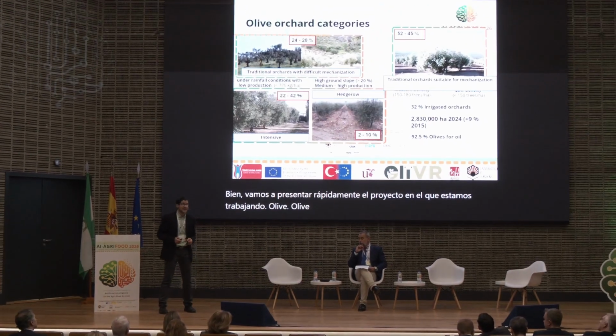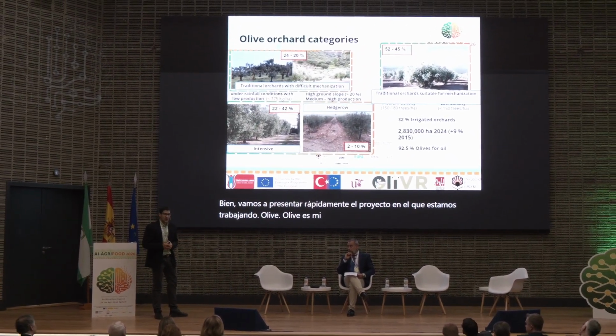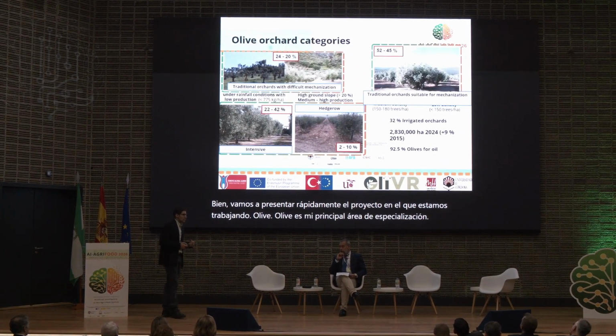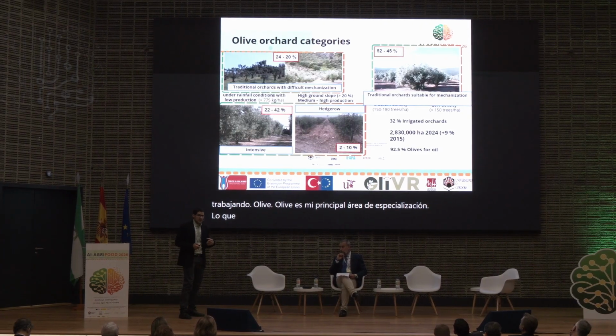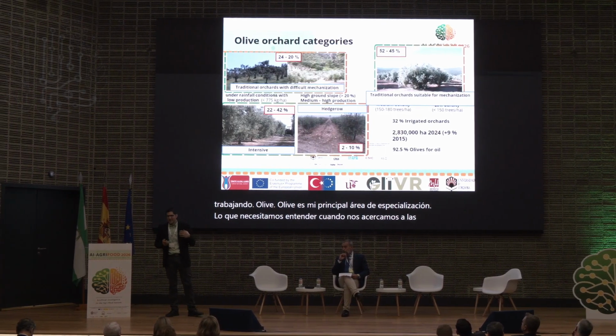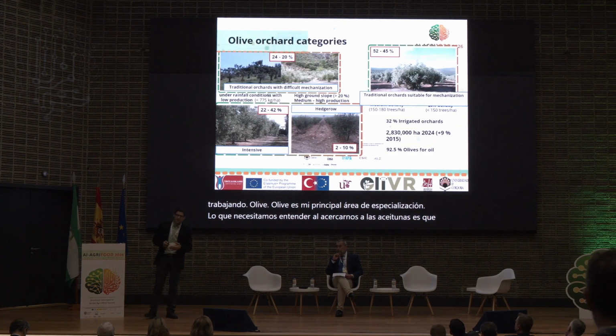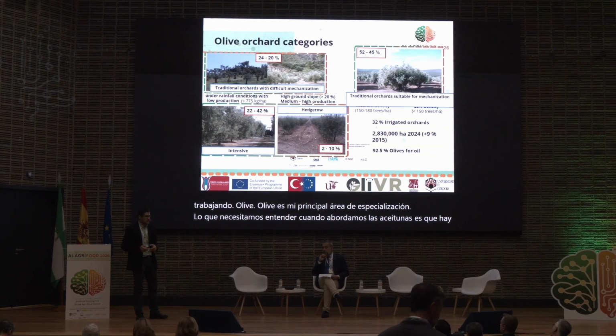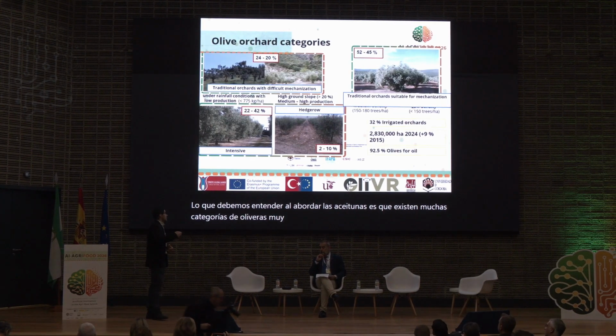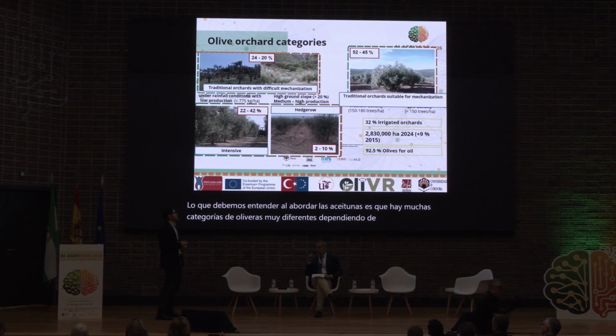Olives is my main expertise area. What we need to understand when we approach olives is that there are a lot of very different olive orchard categories depending on the olive spacing and olive tree architecture.